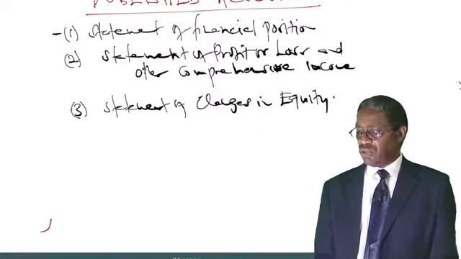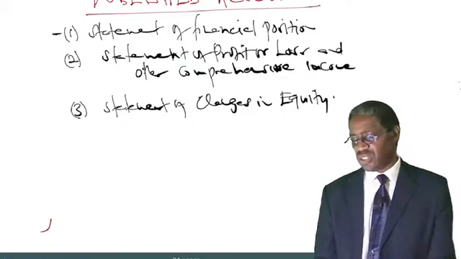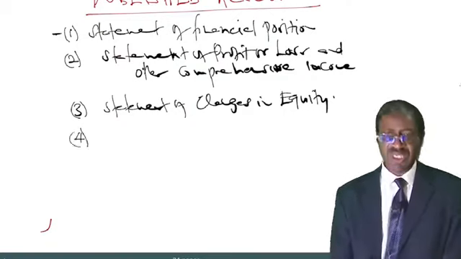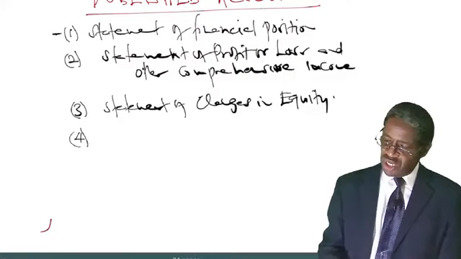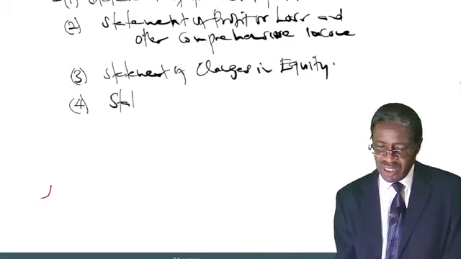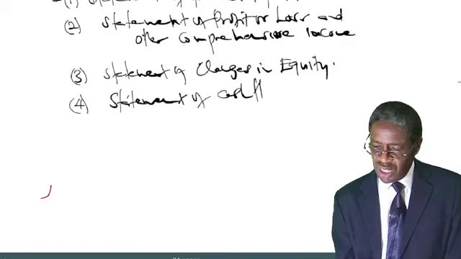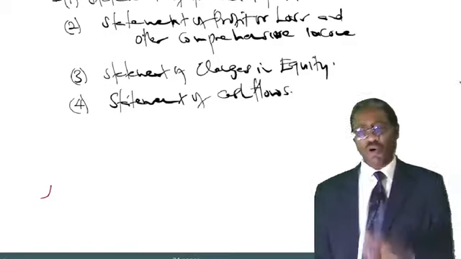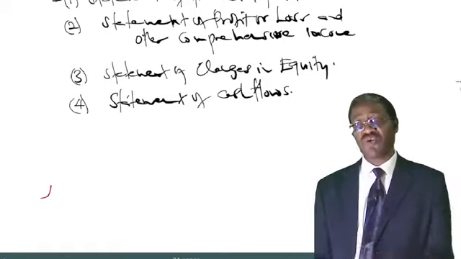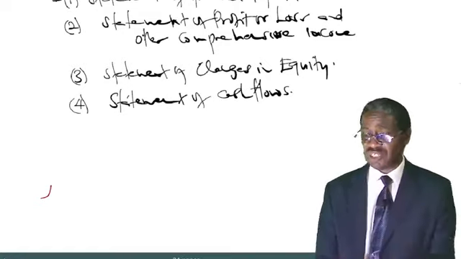But just for now, just know that you are required to include a statement of changes in equity. Number four, another thing you are required to include in your complete set of financial statements is what we call a statement of cash flows. Of course, in your financial accounting, you did cash flow statements. The same, you should include that statement of cash flows.